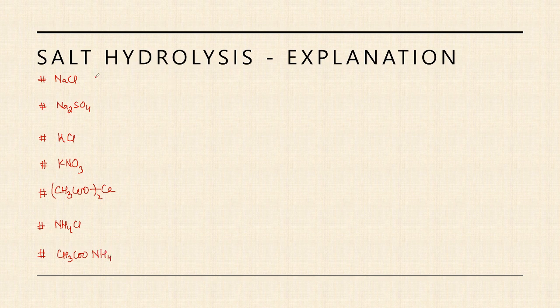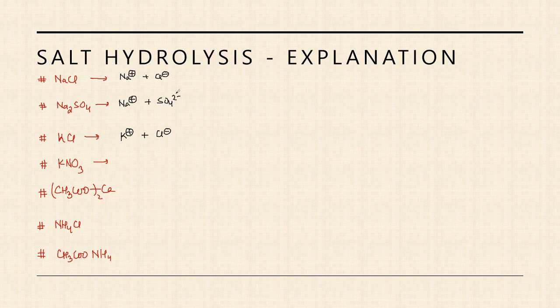ठीक है, अब इनमें से जो आयॉन्स हमें मिलेंगे, फर्स्ट लेट्स राइट देम. The ions that we would obtain from each of these species are Na plus, Cl minus, Na plus and SO4 2 minus. I'm not writing the number of cations that will be produced, I'm writing the nature of cation that will be produced.